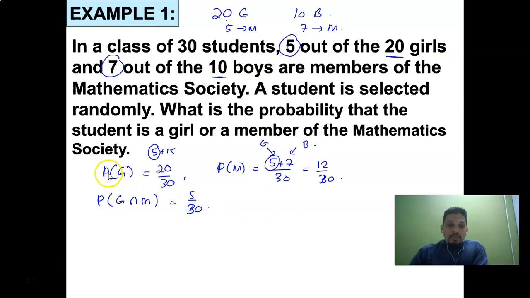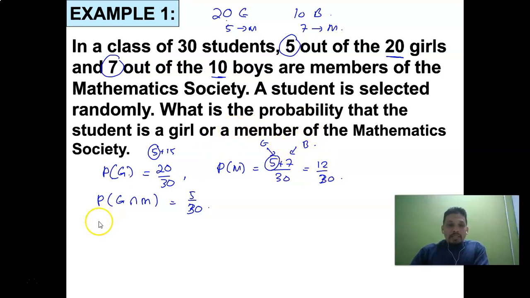Again, the probability of girls is 20, which is 5 plus 15. And the second is the probability of members of the mathematics society, which include 5 girls, the same persons here, and the boys, 7, so 5 plus 7 equal to 12.